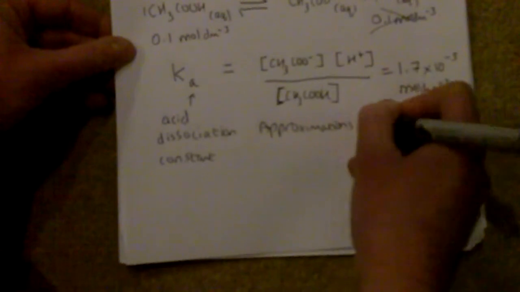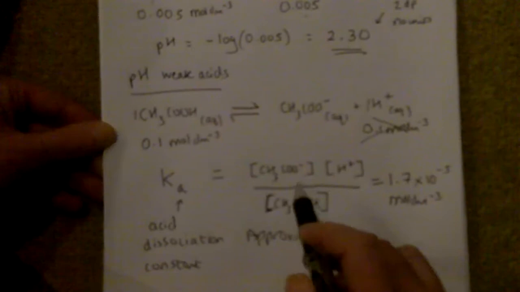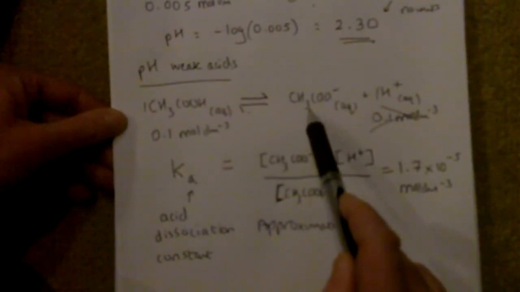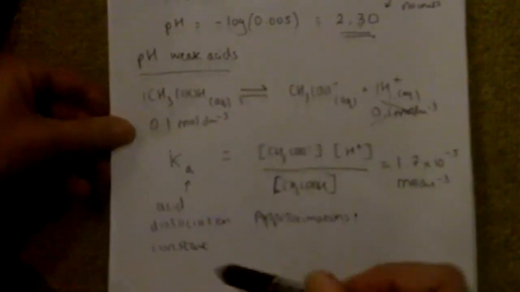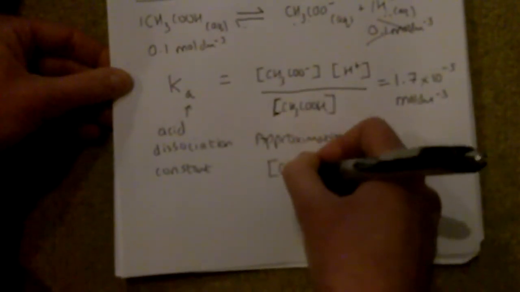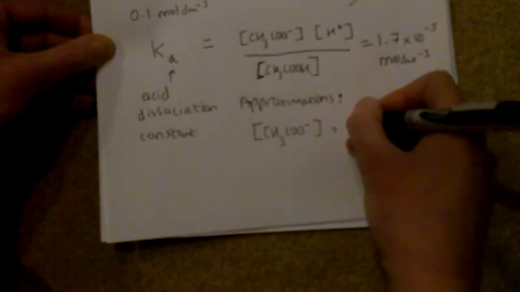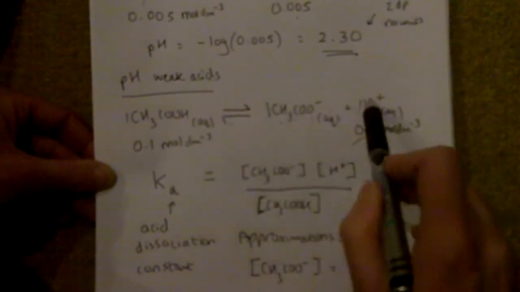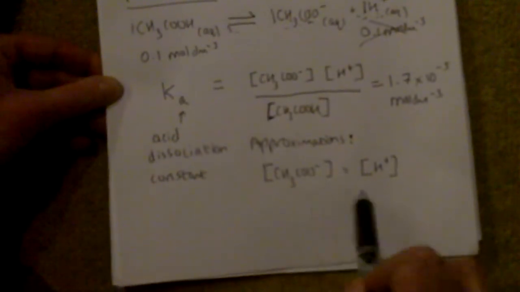The first approximation that we make is that, because we've got one of these, and when it splits up we're going to get one of those and one of those, the same number, we make the approximation that the concentration of the ethanoate ion, the salt, equals the concentration of H+. Okay, because it's 1 to 1, those should be the same number. So we say that they are the same concentration.